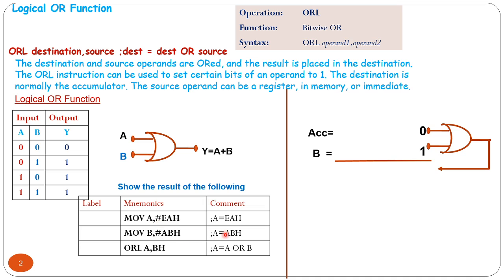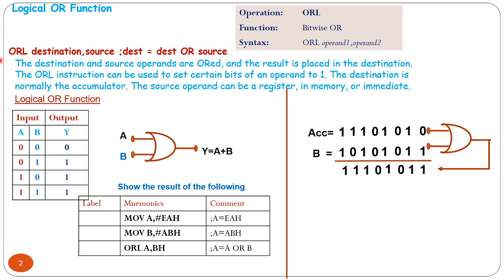Starting from the LSB, bit by bit: 0, 1 output will be 1. 1, 1 output will be 1. 0, 0 output is 0. 1, 1 output is 1. 0, 0 output will be 0. 1, 0 output will be 1. 1, 0 again will be 1. 1, 1 output will be 1.